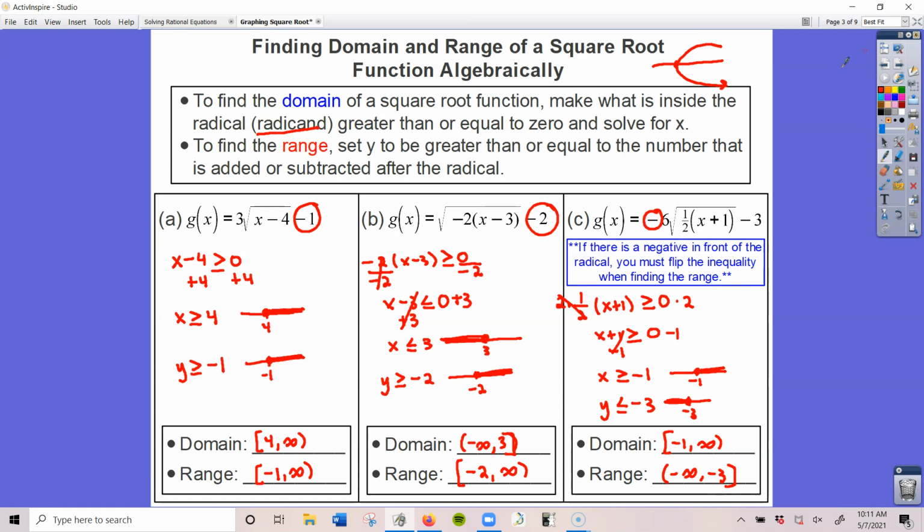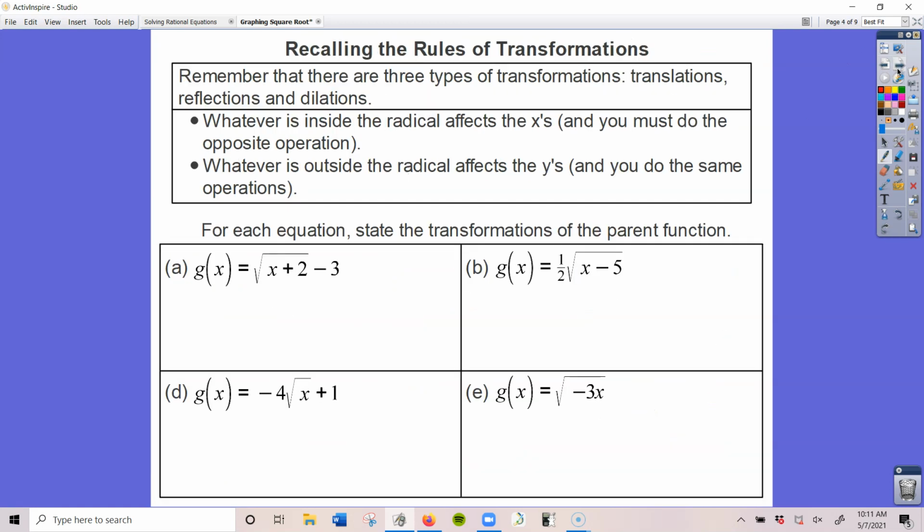Now let's just review our transformations before we get into the graphing. For each of these equations, we're going to state the transformations on the parent function. And I put here as a reminder, anything that is inside of the radical, because now it's not parentheses like we have seen in our previous examples, anything that is inside of the radical with the x will affect the x values, and you must do the opposite operation.